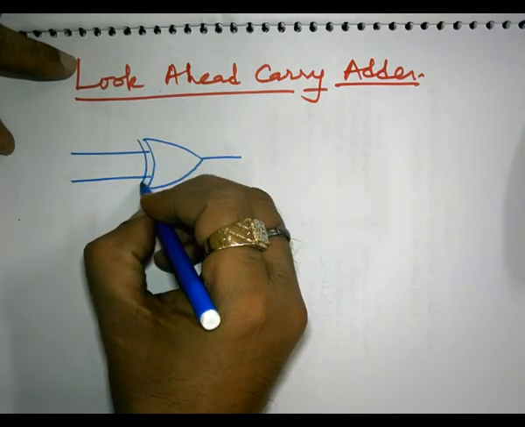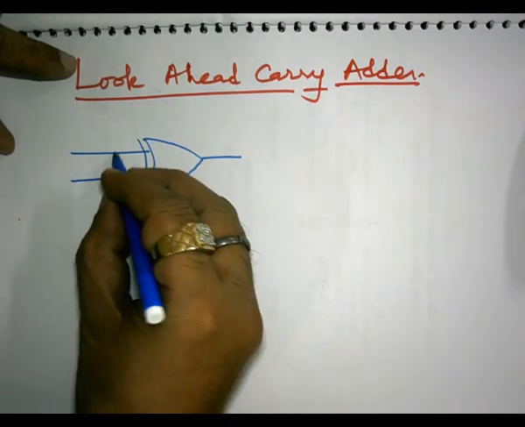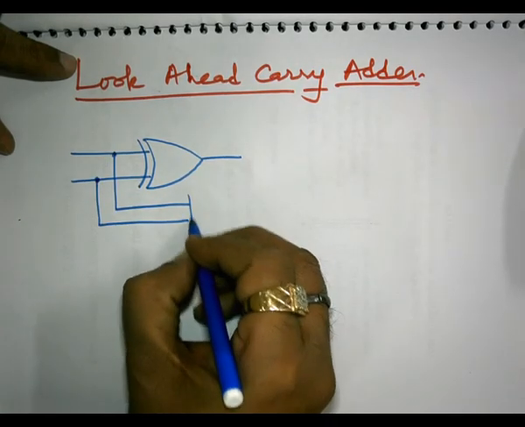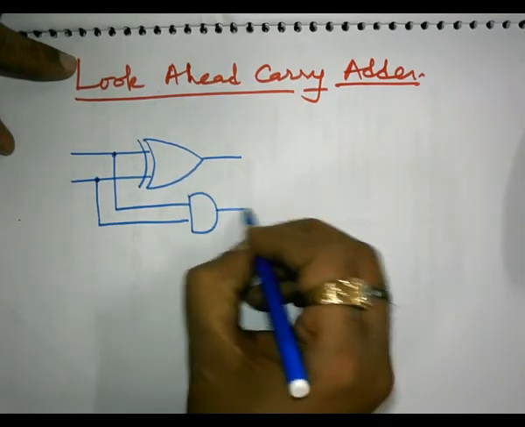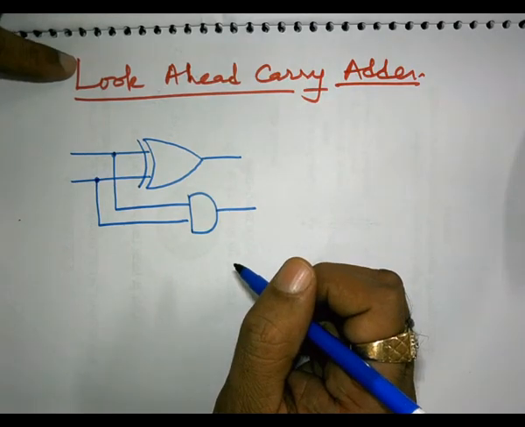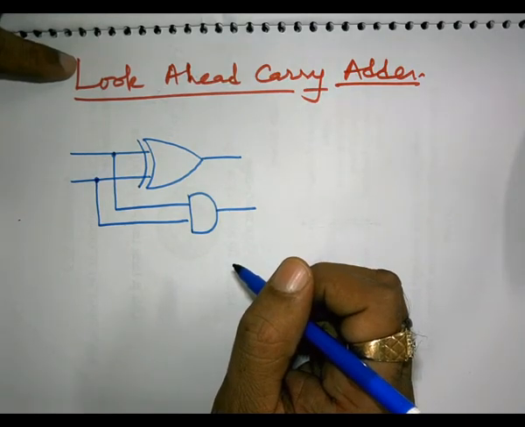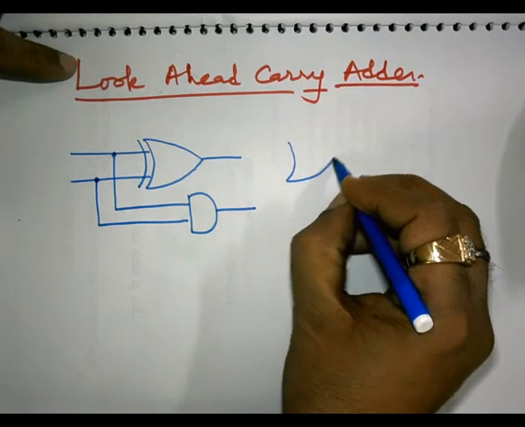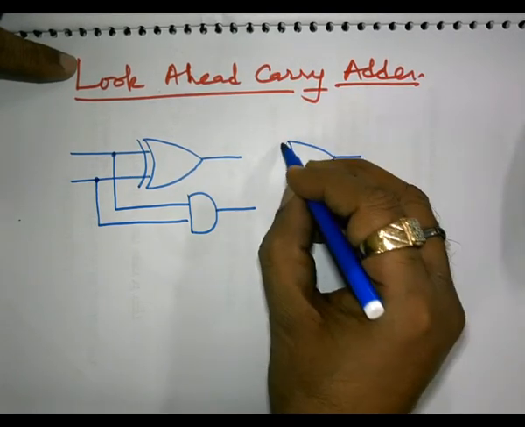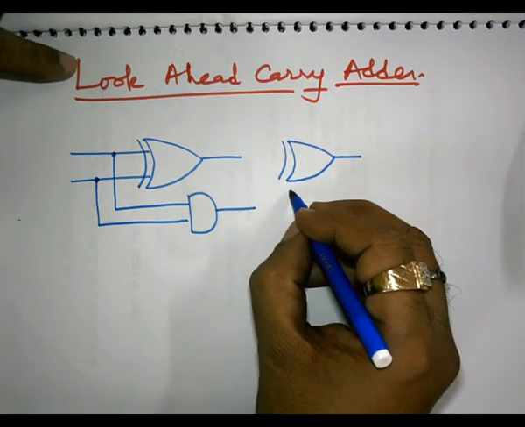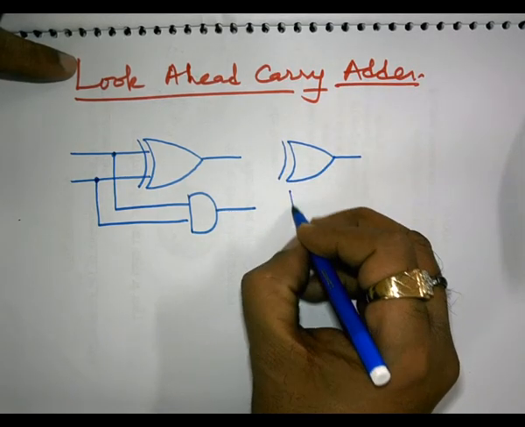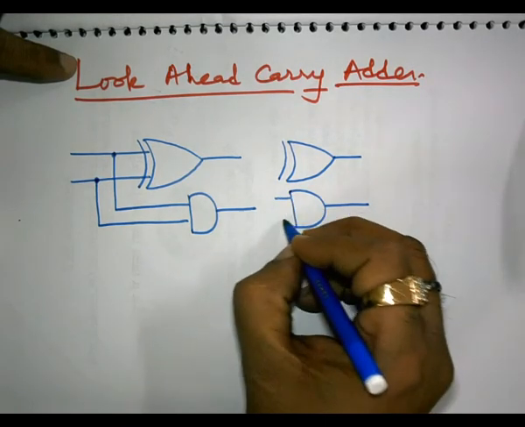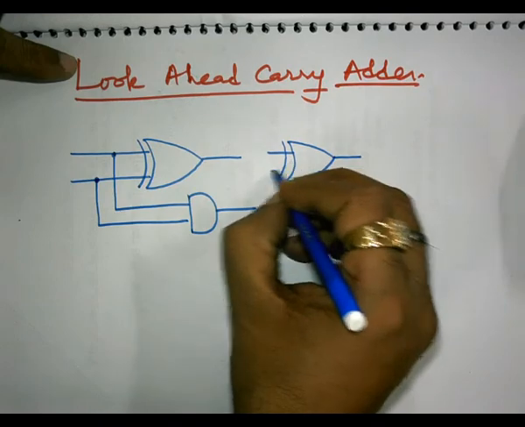You see, this is an exclusive OR gate. This is a circuit needed to realize a half adder. Okay. Then we design another half adder like this. Another half adder is designed like this.